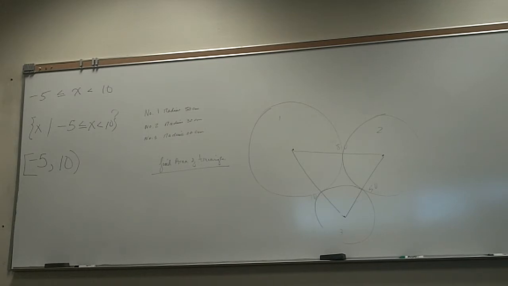Don't leave Columbus Tech thinking that the Pythagorean theorem works on every triangle. Pythagorean theorem only works on what? 90 degree right triangles. Anybody got it yet? Nobody got it?